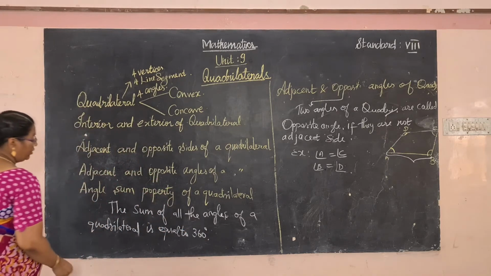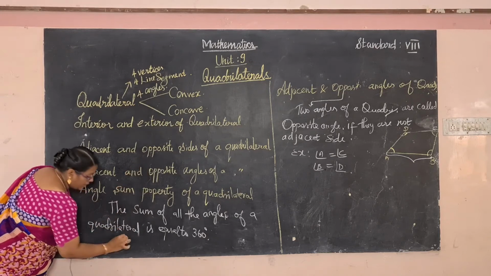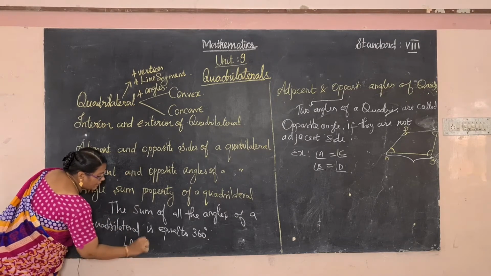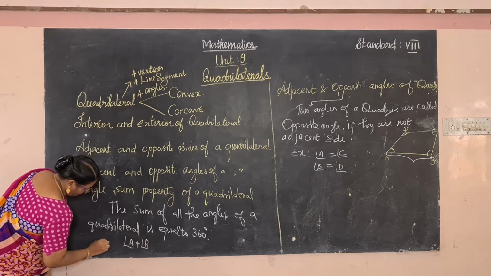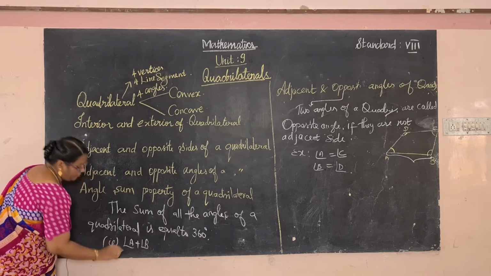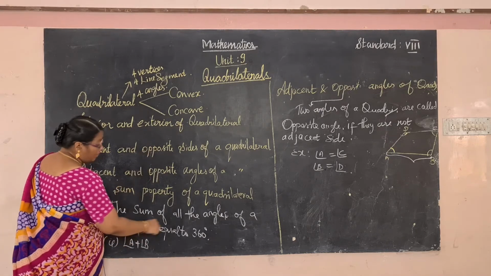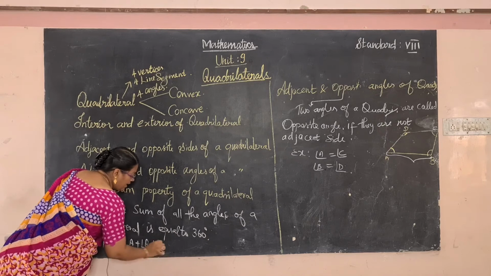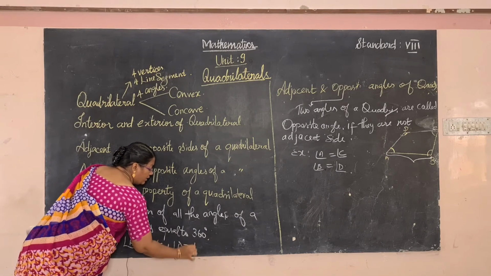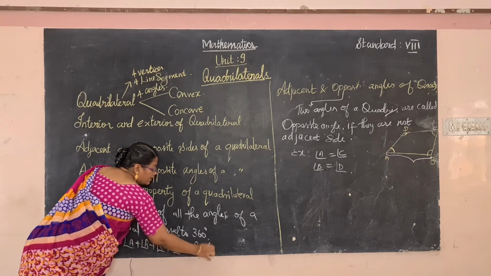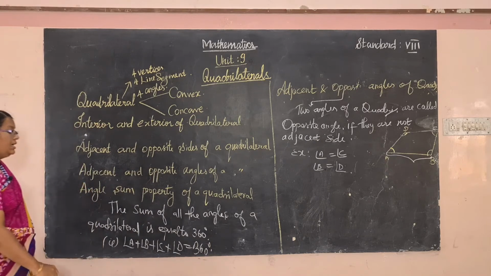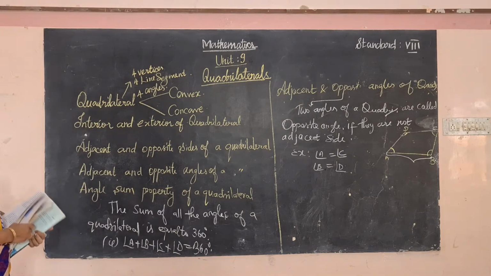From this diagram, what are the angles there? Angle A plus angle B plus angle C plus angle D equal to 360 degrees. Okay, you understand?